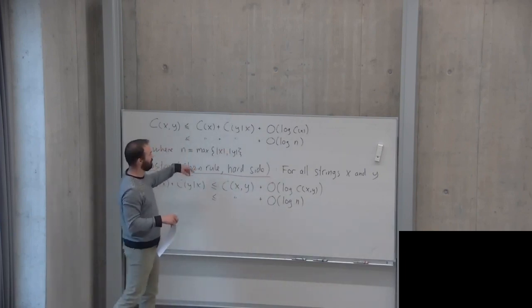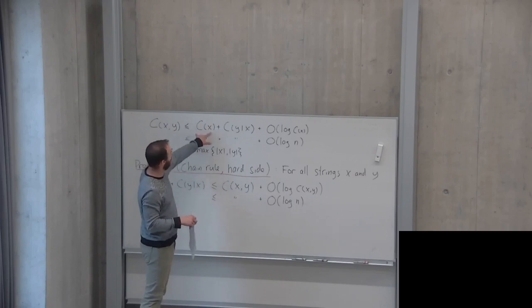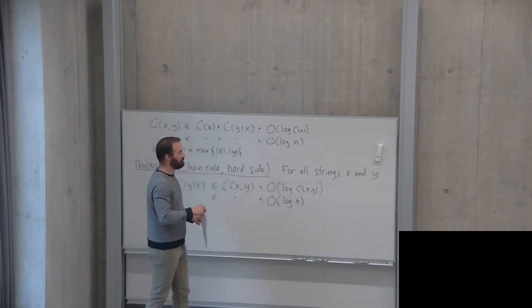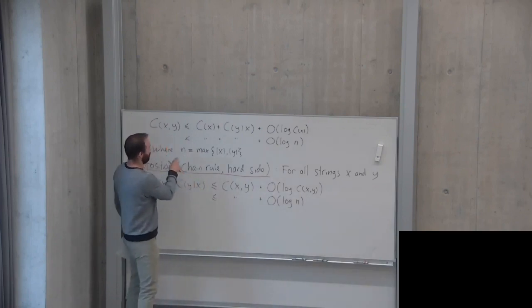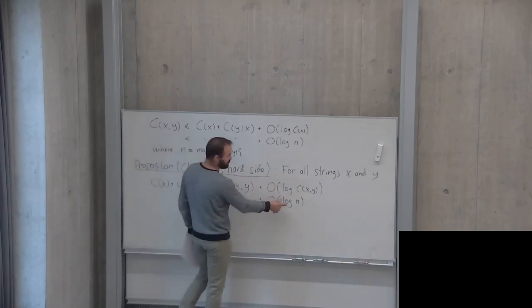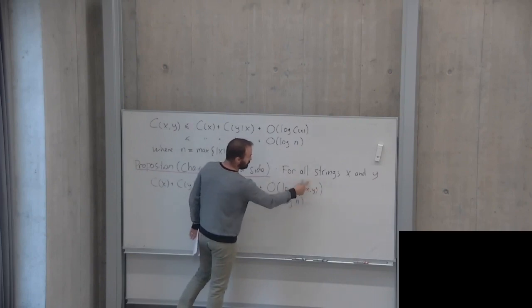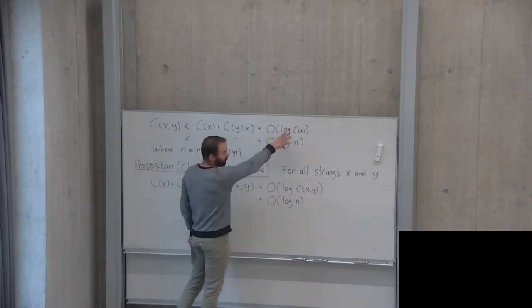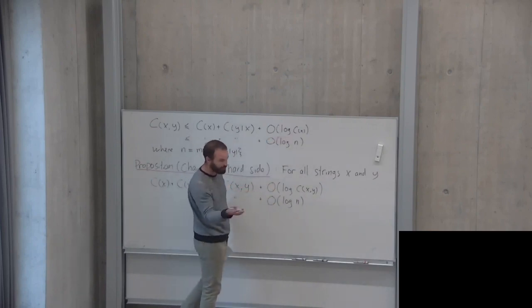And so worst case, I'm summing some length of x plus length of y. So it's worst case, I'm summing 2 times n. And this is why this quantity here is basically smaller than 2n, or 2n plus order of log n. So it's smaller than 3n.